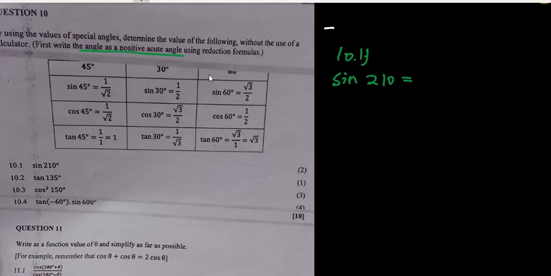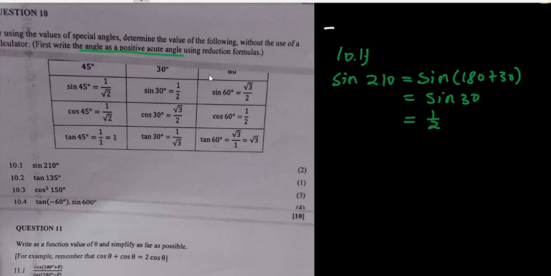You get 30. So this one is going to be sine 180 plus 30. And 180 plus is going to be quadrant number 2. On quadrant number 2, sine is always positive. Sine 30 is 1 over 2.